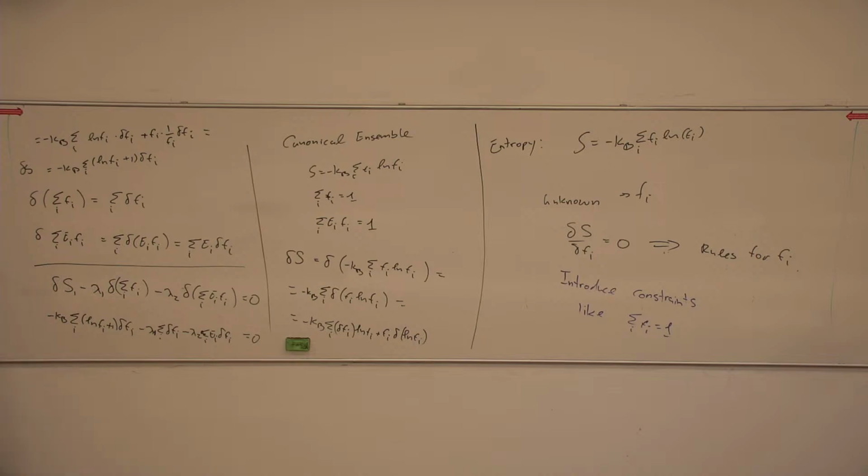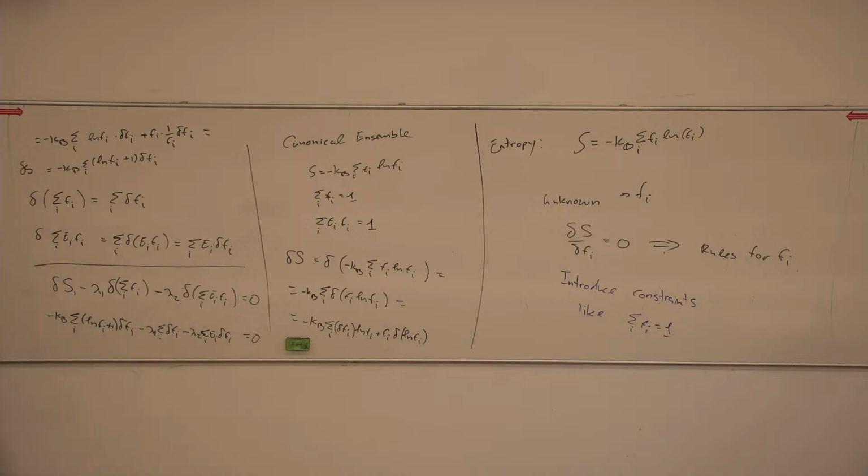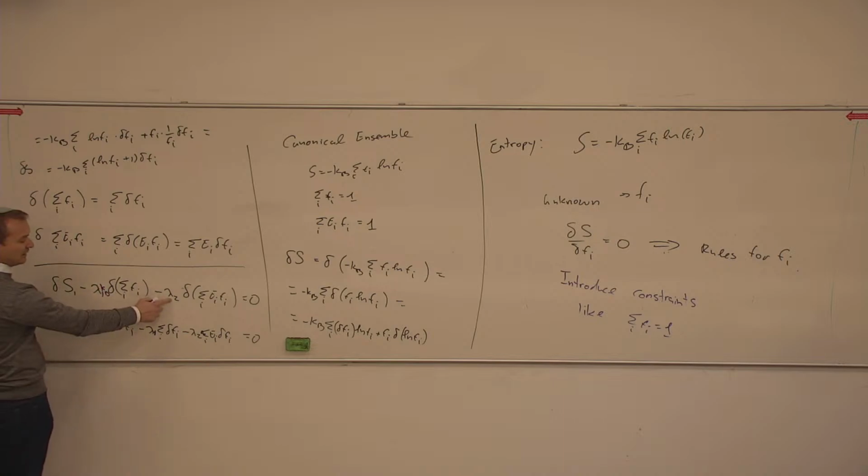Now in order to do this nicely, here I just pick some two absolutely random lambda 1 and lambda 2. Now instead, for this expression to be nicer, it doesn't matter if I pick lambda 1 or lambda 1 multiplied by k Boltzmann, and it doesn't matter if I pick lambda 2 or lambda 2 multiplied by k Boltzmann.